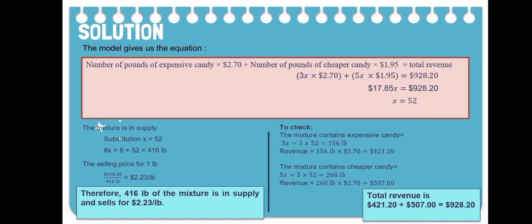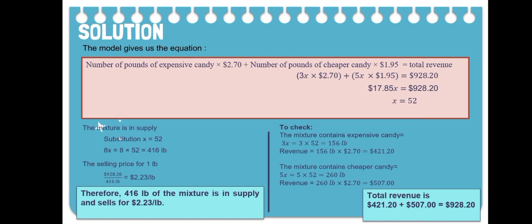We have to multiply first, multiplying inside the parentheses, and then add both of them. So we get $17.85x is equal to the total revenue, $928.20.